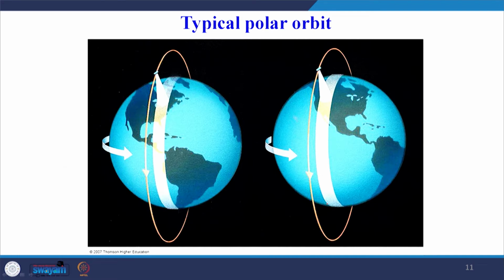So, if we typically see the orbit of polar satellites or sun synchronous satellites, they are at a low altitude. The angle of inclination with respect to the north south line is plus minus 3 degrees, a very small angle, and this is the strip. It is showing one strip on the ground. So, the area covered on the ground is shown by the white strip.